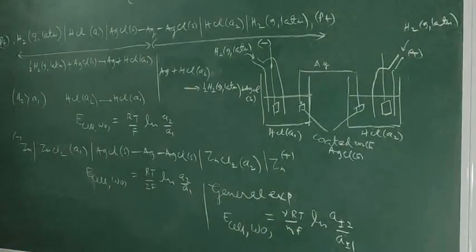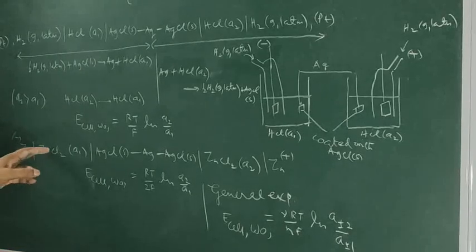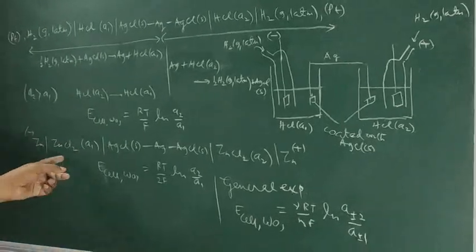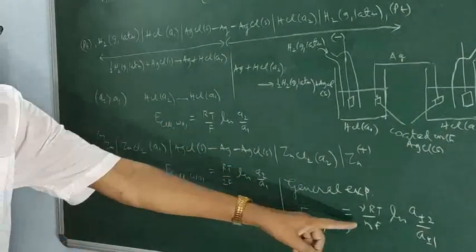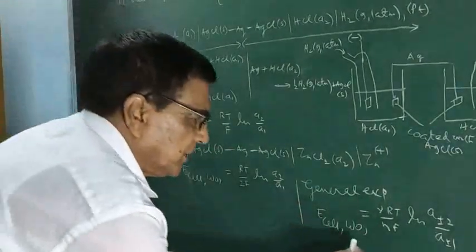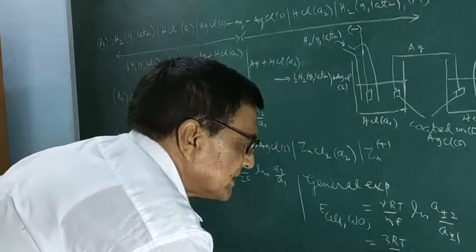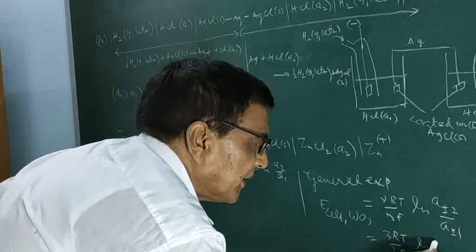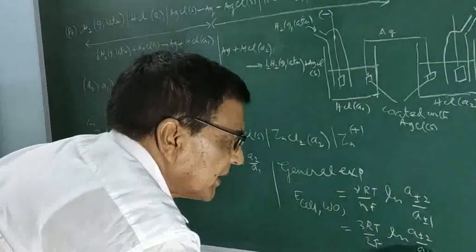So in this case, the total number of ions coming from the dissociation of zinc chloride, nu, will be 3, and for 2 Faraday, n equals 2. So it will be 3RT divided by 2F, ln of (a plus minus) squared divided by (a plus minus) 1.